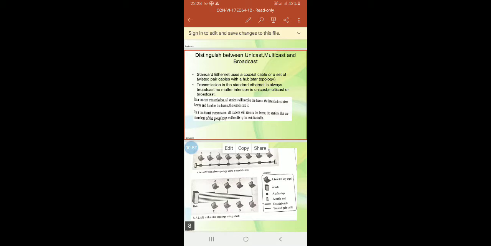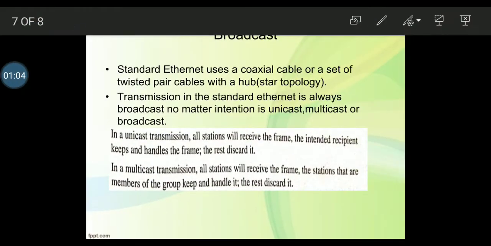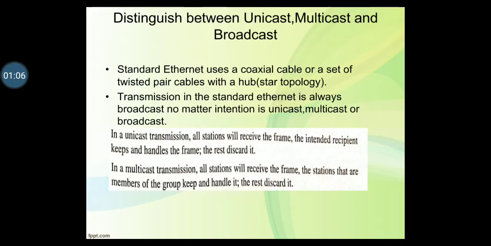Is it clear? Then the transmission in the standard Ethernet is always broadcast, no matter if the intention is unicast, multicast or broadcast. In bus topology, when station A sends a frame to station B, all stations will receive it.